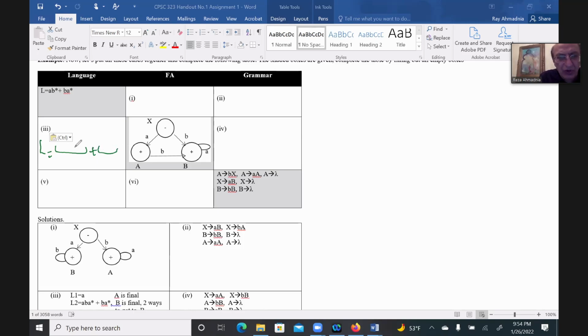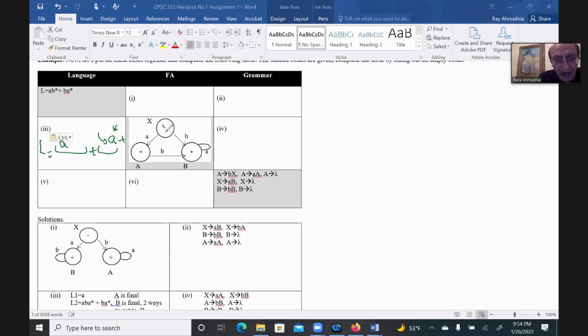I need only 1 A. And then what? Go from here to here. There are 2 ways to go from here to here. One is what? Only 1 B, and then more A's, 1 B and more A's.